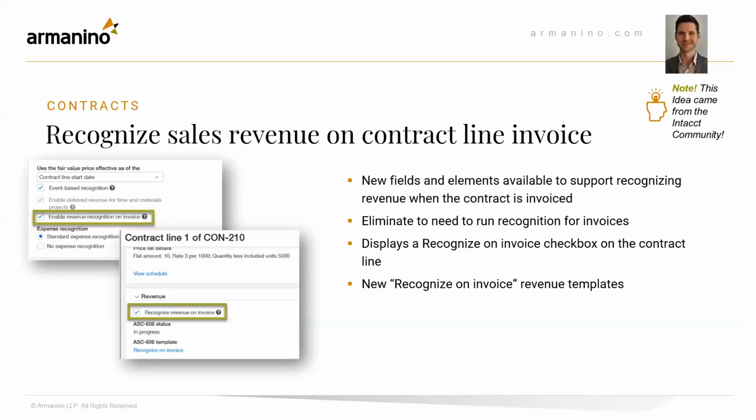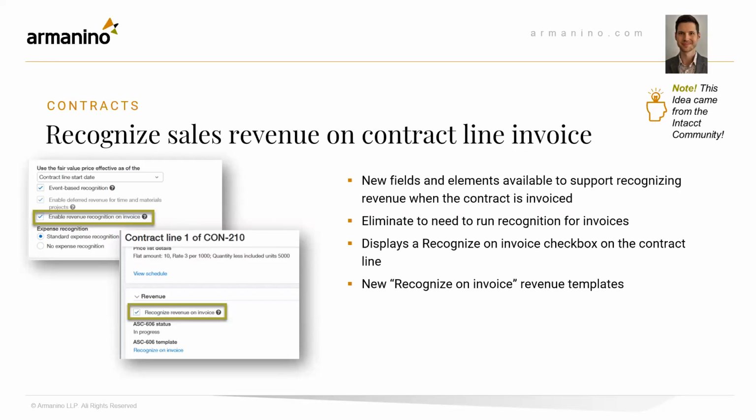So a new feature available is the ability to recognize revenue on the contract line invoice. What this means is when you go to create a new invoice, you'll notice that there is an option, if you enable it in your configuration, that you can recognize revenue when the invoice is generated. So there'll be new fields and elements available to support recognizing revenue when the contract is invoiced.